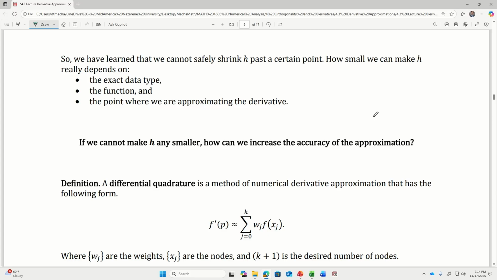So it's like the integral quadratures we've been discussing so far. You're still going to take a linear combination of the function values, which means you're going to add up a bunch of weights times the function evaluated at nodes, just like we did with integral quadrature, but this time the point is to approximate a derivative.